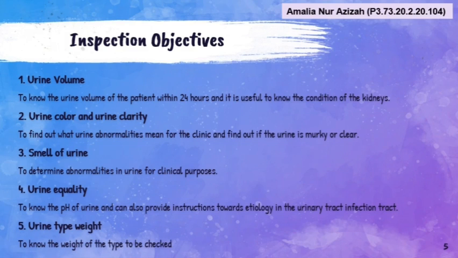Smell of urine: to determine abnormalities in urine for clinical purposes. 4. Urine acidity: to know the pH of urine, and it can also provide indications toward etiology in urinary tract infection. 5. Urine specific gravity: to know the weight of the type to be checked.